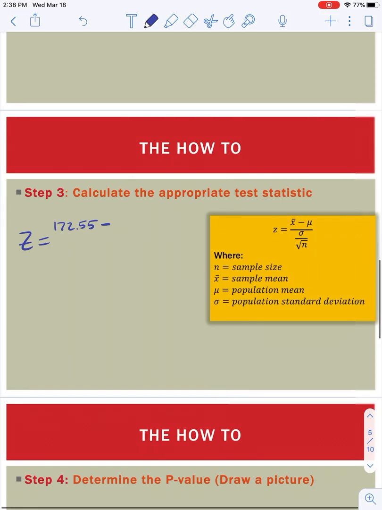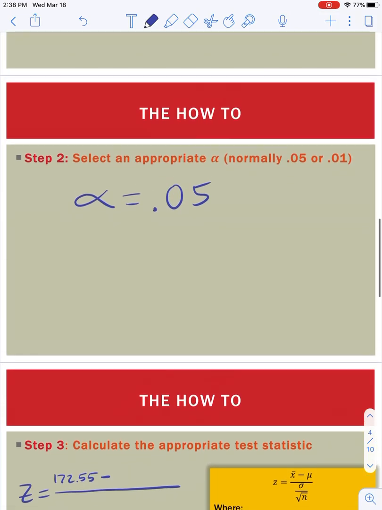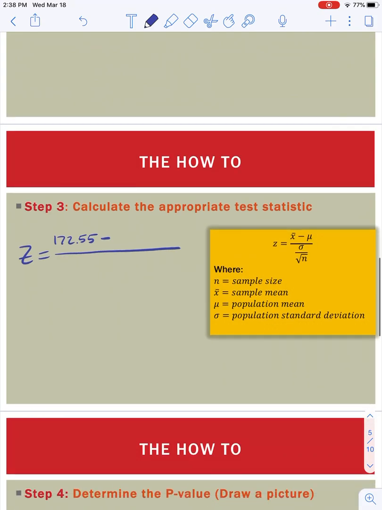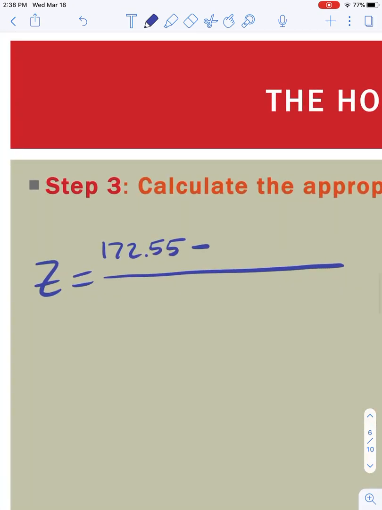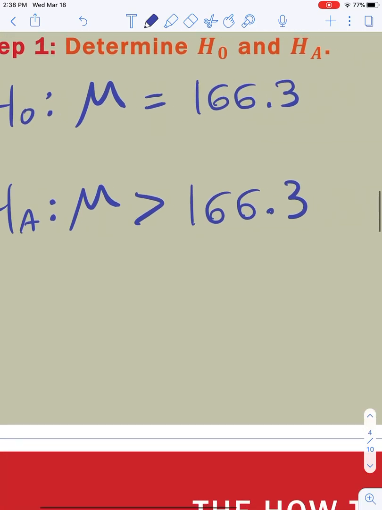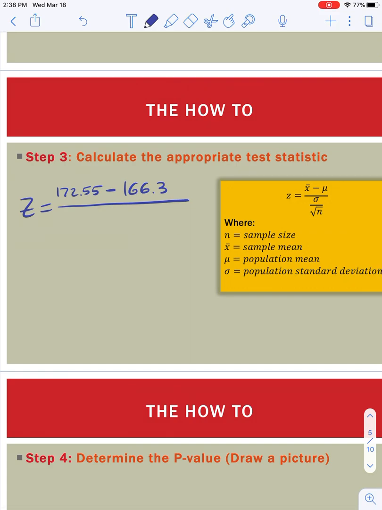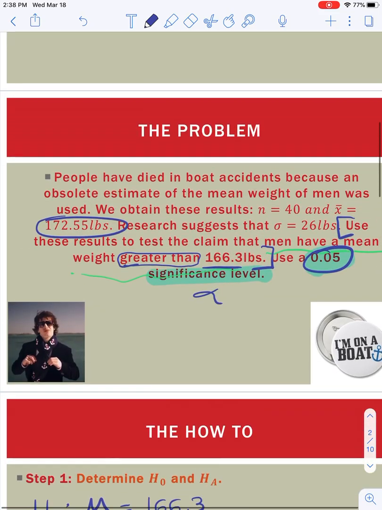The mean is going to come from my hypotheses, so I don't even have to look back at the original problem. I can just look at my hypotheses. The mean, the mu, is 166.3. We assume the mu is true from the null. So 166.3. Yep, 166.3. The standard deviation is known in this problem.